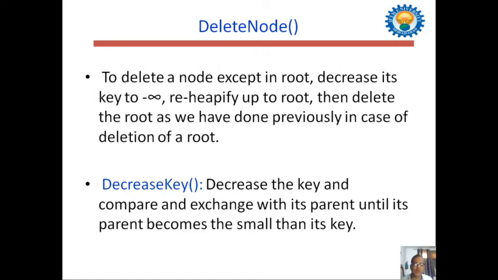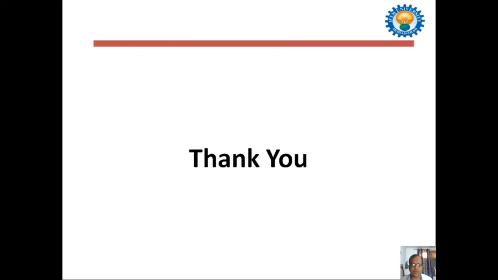Means we simply decrease that node to minus infinity and reheapify up to the root. Then delete the root as we have done previously in case of deletion of a root. In case of decrease key operation, decrease the key and compare and exchange with its parent until its parent becomes smaller than it. Thank you.